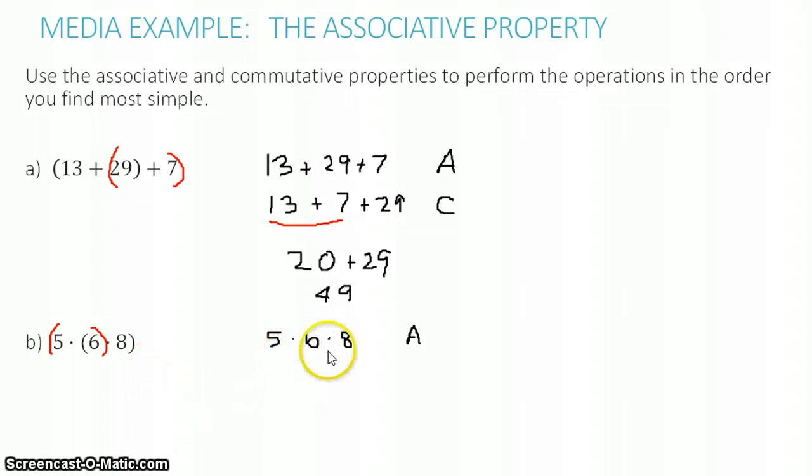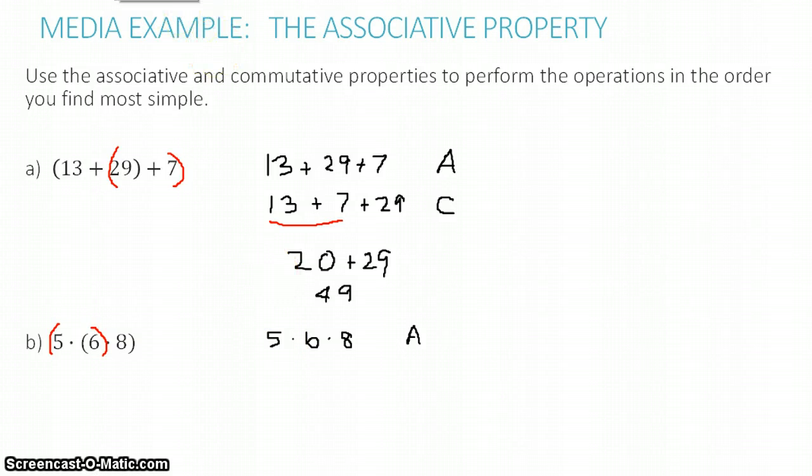So now I have 5 times 6 times 8, and I'm noticing that I would like to multiply 5 and 6 first. And the reason is I know 5 times 6 is 30, and it's easier to multiply also when the units digit is 0.